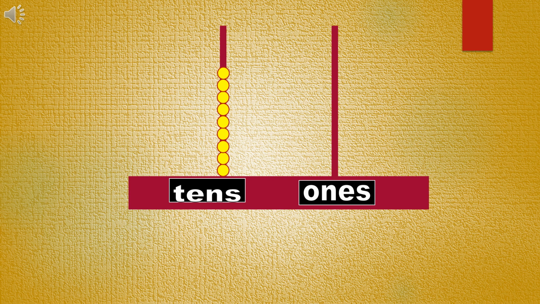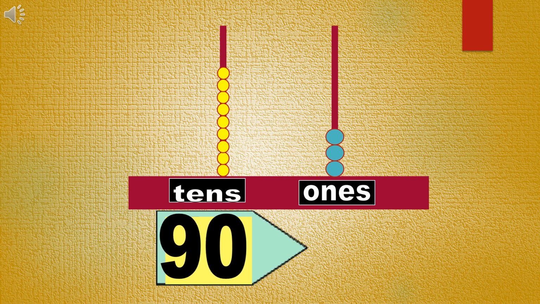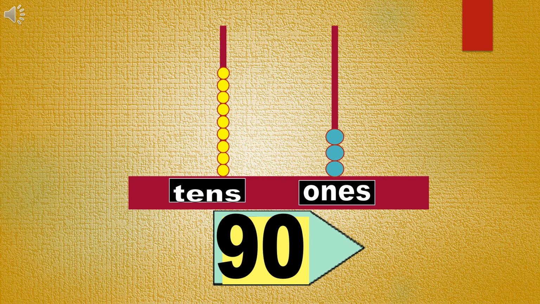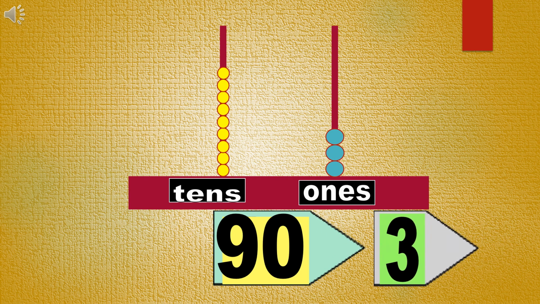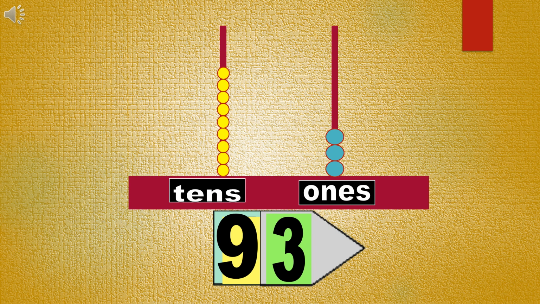So there are 9 beads in the tens place. Now let's count the number of beads in the ones place. 1, 2, 3. So 9 tens, that is 90, and 3 ones. 90 plus 3, our number is 93.